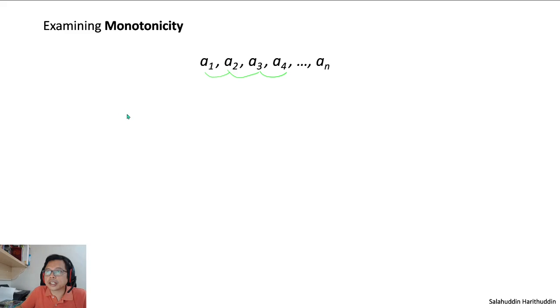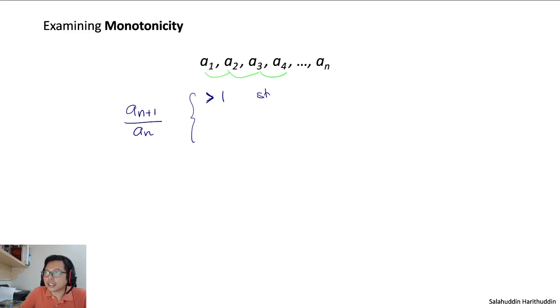One way to check is to check the ratio. For example, take the next subsequent term divided by the previous term. Let's say you divide these two numbers and you find that it's always more than 1.